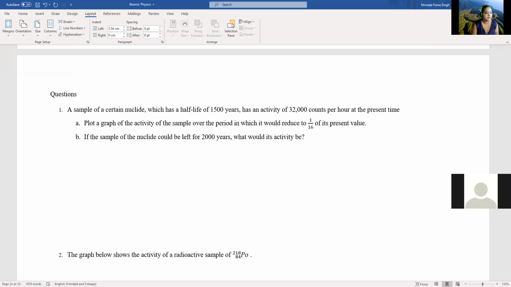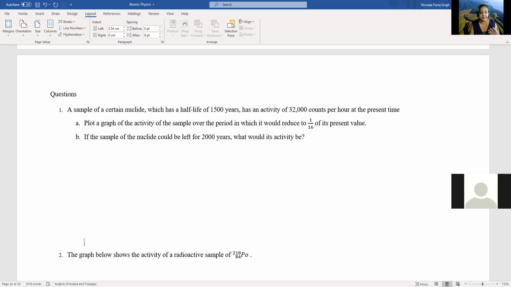Question 1. A sample of a certain nuclide which has a half-life of 1500 years has an activity of 32,000 counts per hour at the present time. Activity, remember, is how many active nuclei are breaking down. Active nuclei are ones that are decaying by radioactive processes.